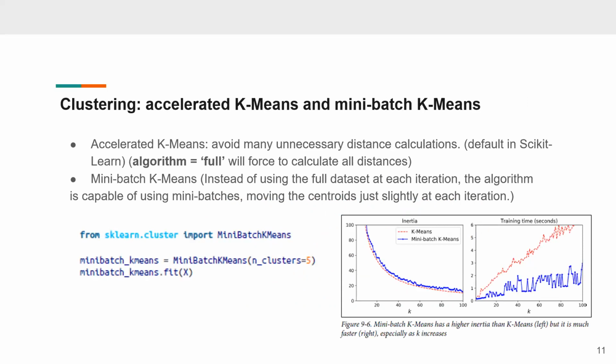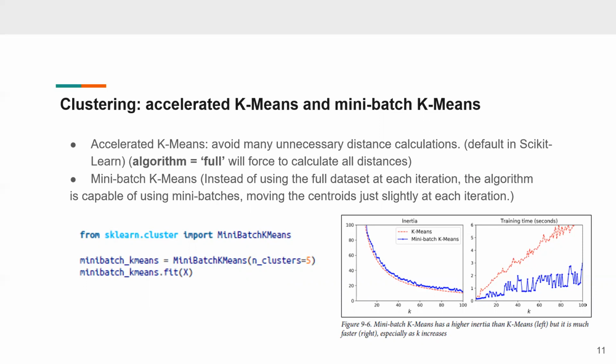So let's look at 2 other things. One of them is called accelerated k-means. The second one is called mini-batch k-means. So you can see that we have discussed multiple variations of those 2, accelerated and mini-batch, right? Here I don't really want to continue to elaborate on what is accelerated and what is mini-batch.